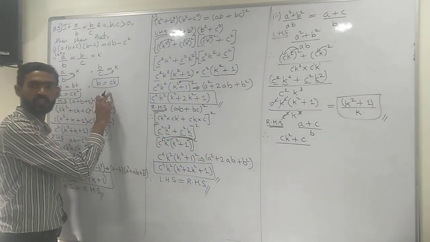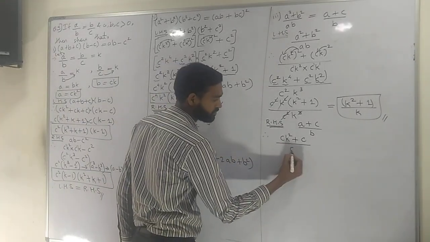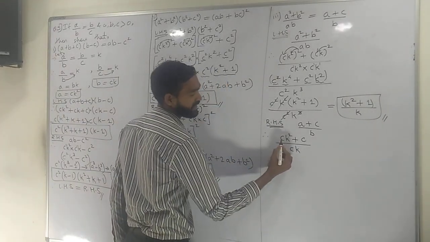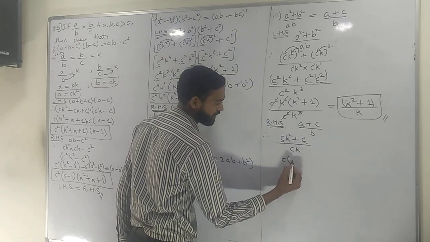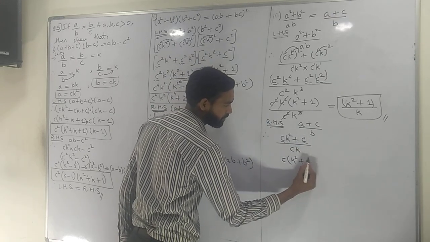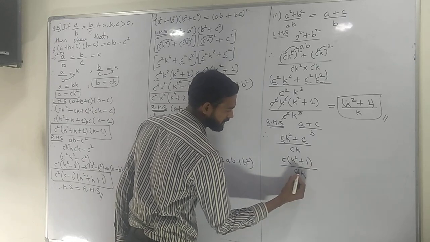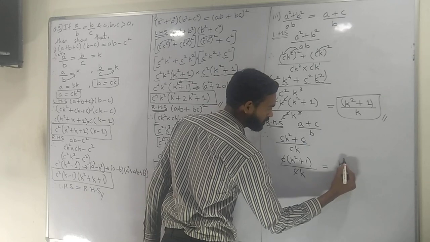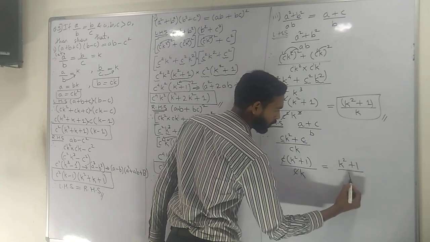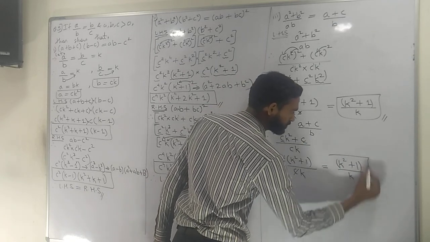B is what? ck. We'll put it. Can you take anything common here? Yes. C I am taking common. What do I have left here? K square plus 1 below ck. C will get cancelled. So what is my final answer? K square plus 1 upon k.